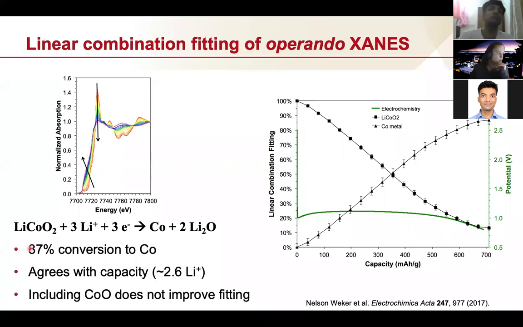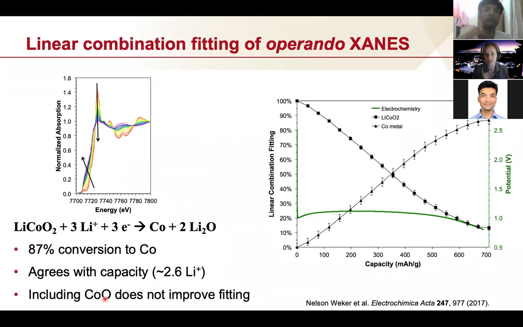And so we get about an 87% conversion to cobalt metal. That agrees well with the electrochemistry, which said we got about 2.6 lithium ions stuffed inside. And we also looked at other cobalt oxides that could possibly be forming, but for example, CoO does not improve the fit, and it just fits the noise. So we're pretty confident that we only have lithium cobalt oxide and cobalt metal.